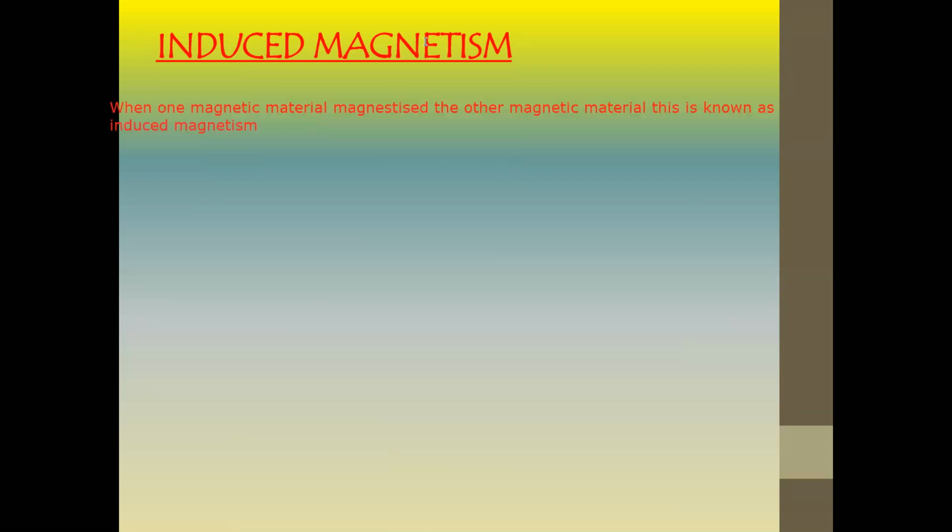Example, we have a permanent magnet, say steel. Steel is used to make these permanent magnets. And there are two poles of this. One is a north pole, another one is a south pole. Now, I place an iron nail here and I bring this permanent magnet closer.